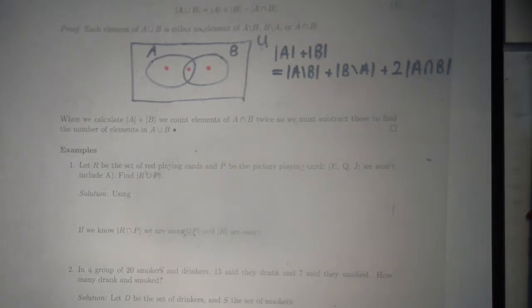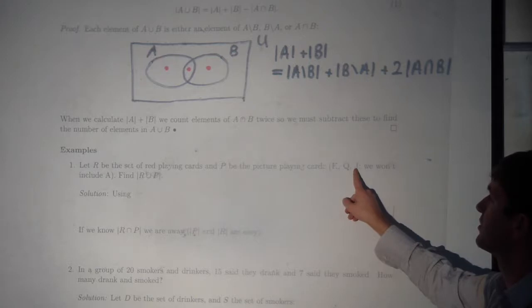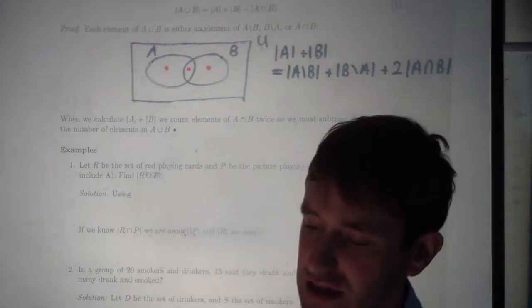So we'll do three little examples here. Let R be the set of red playing cards, and P be the picture playing cards, just King, Queen, Jack. Won't include ace.